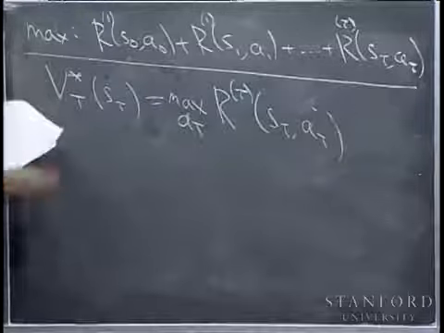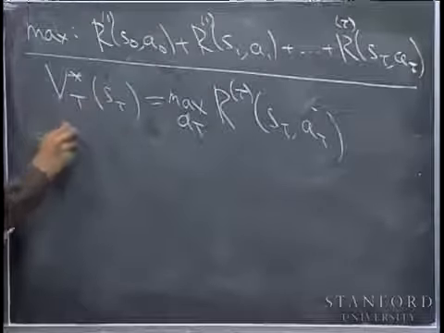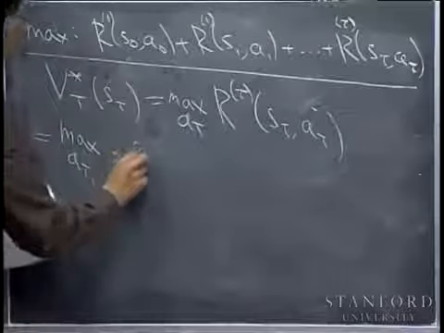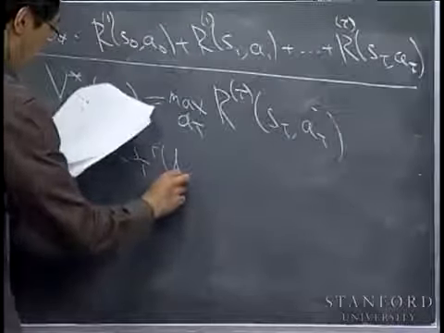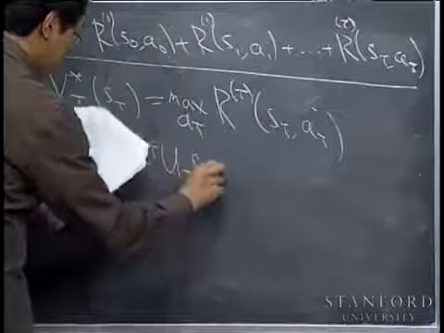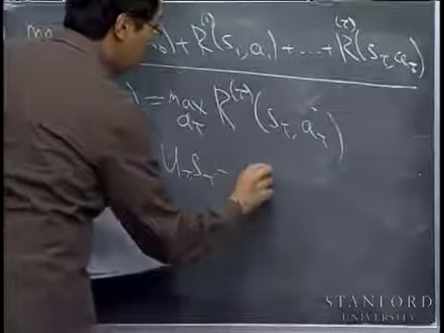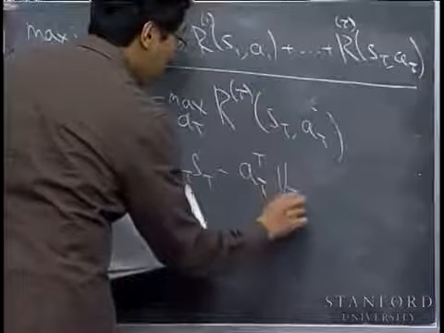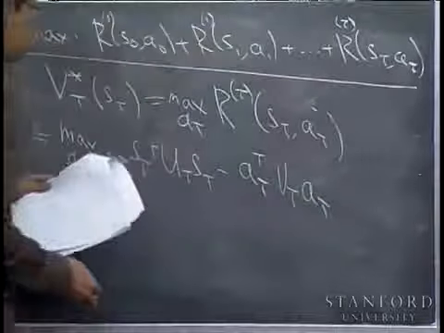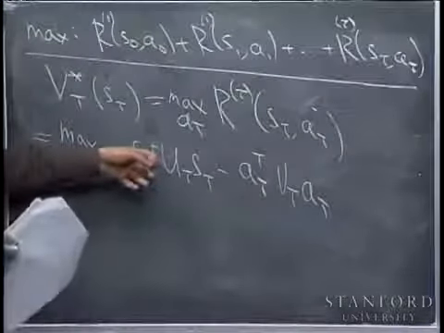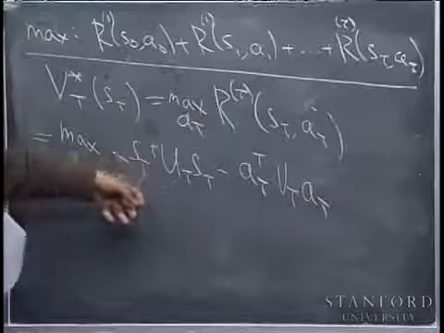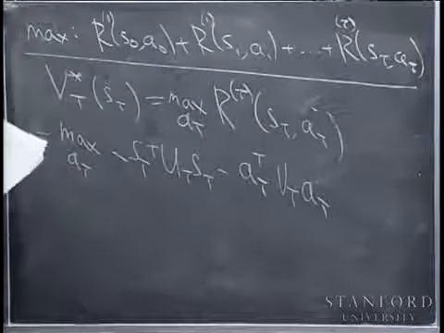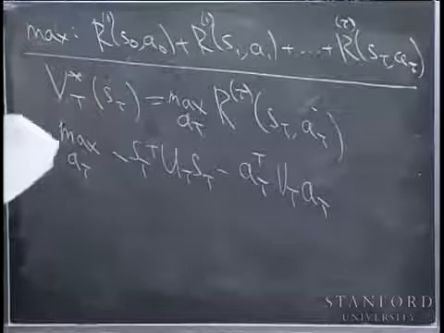And so the reward is equal to the max over a_T of minus s_T transpose U_T s_T minus a_T transpose V_T a_T. I hope this isn't confusing. The superscript T's denote transposes; the lowercase t denotes the time index, capital T. So that's just a definition of my negative quadratic reward.